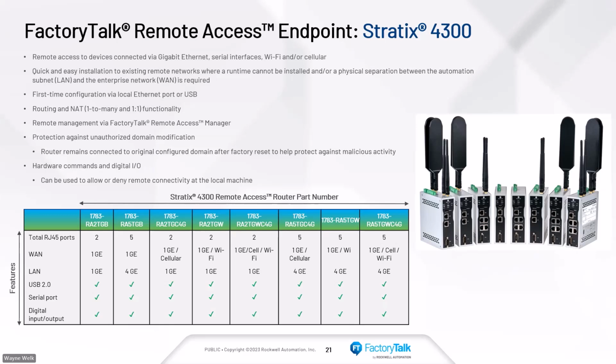If someone tries to reset it, they don't have immediate access to setting anything up new or getting access into the system. And you can use hardware commands and the digital I/O that's enabled on all of them to control connectivity to the local machines. And then you can see we have the part numbers there, as well as gigabit rates for their wide area networks and local area networks, how many ports they have. So we have a lot of different options depending on what your needs particularly are.